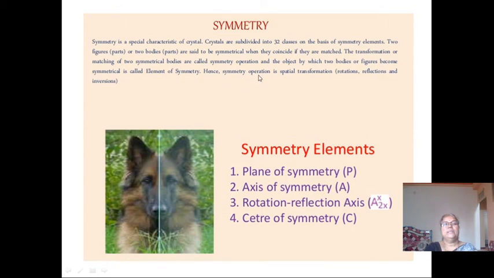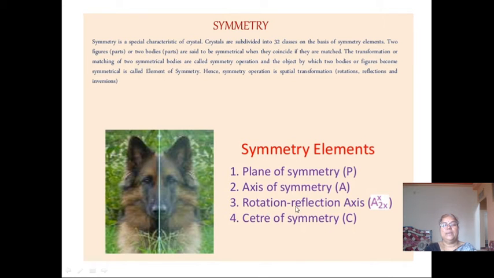Hence, symmetry operation is a spatial transformation: rotational symmetry, reflection, and inversion. For your study, there are three symmetry elements. The first is the plane of symmetry, then the axis of symmetry, then the center of symmetry.